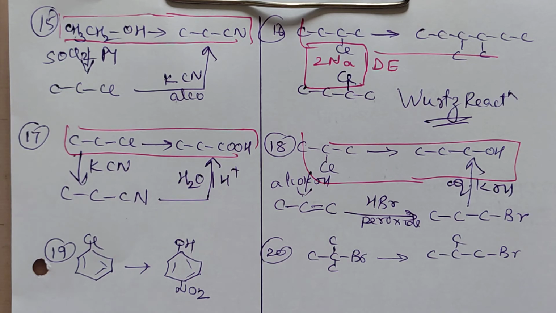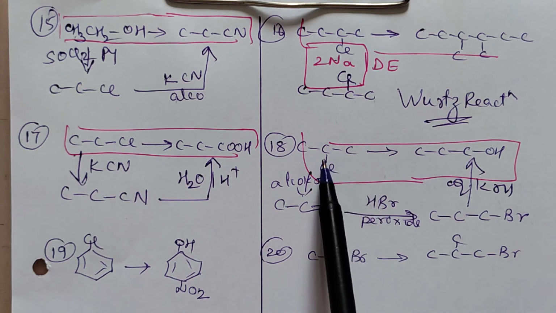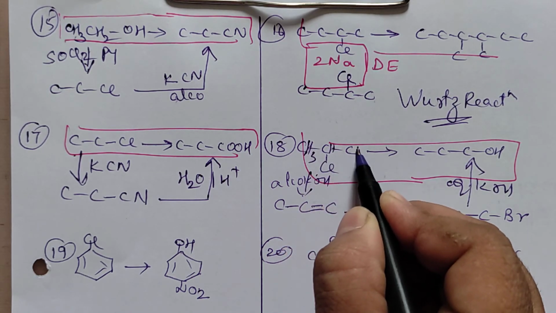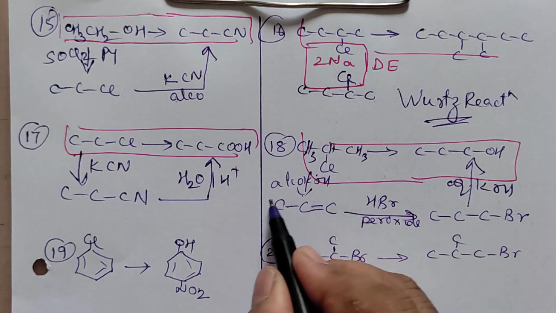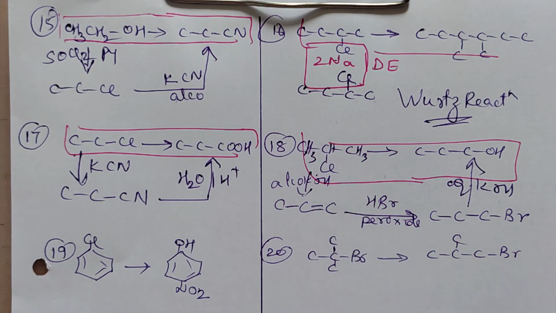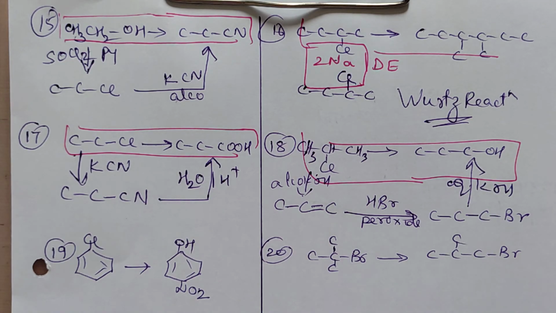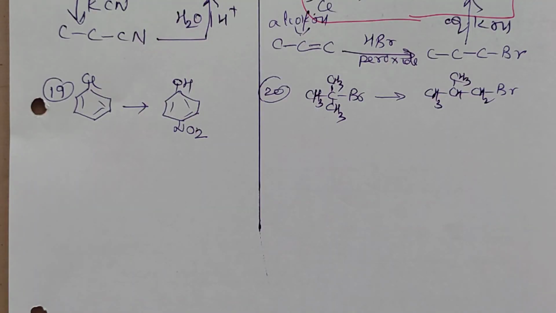What we have done? First, you remove this. Actually, it was CH3, CH and CH3. I've reacted with alcoholic KOH, we got alkene. Alkene then peroxide. Why peroxide? Why did I think of it? Because I wanted something at one position. Got it? Now you just think over it on your own.